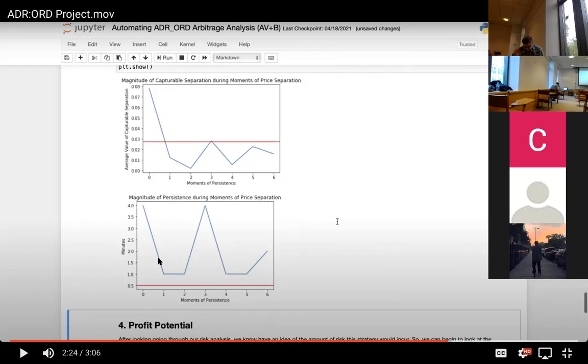So each of the points on the blue line are representing how long each price separation persisted. And this red line down at the bottom is the user transaction speed. So our user can trade twice per minute. So they can trade every half a minute. 0.5 is our red line.